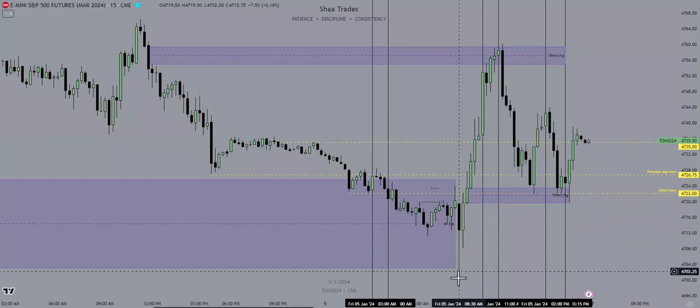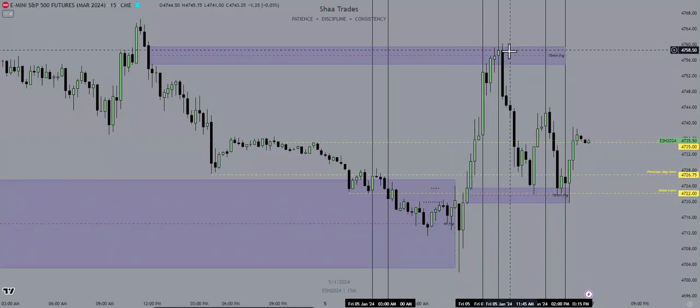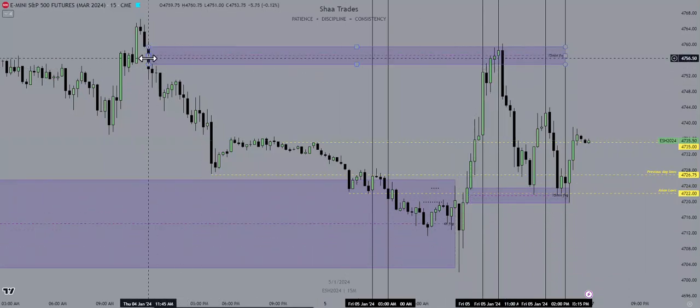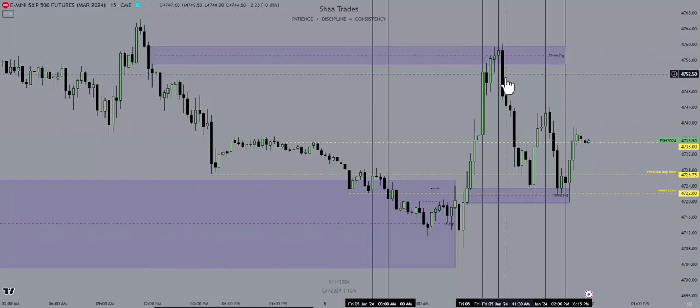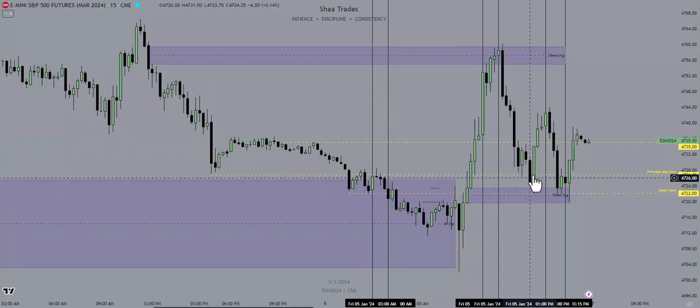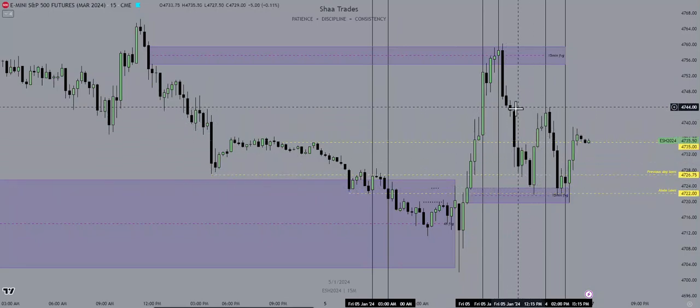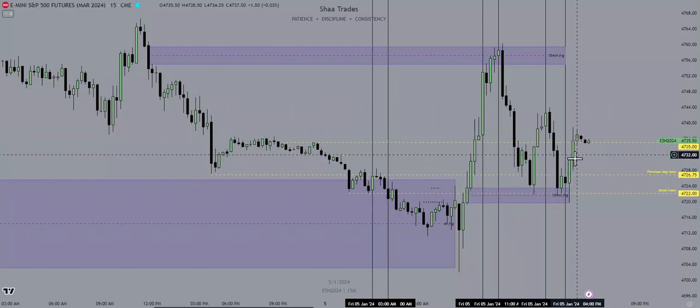So it rebalanced that area, then went up, rebalanced this fair value gap here on the 15-minute chart, bounced back down into this 15-minute fair value gap, went up, and then comes back down, retests it, and then closes, right?